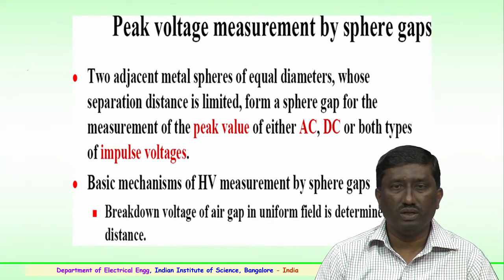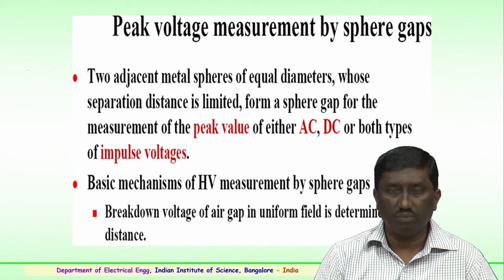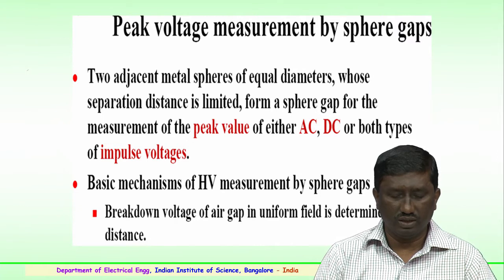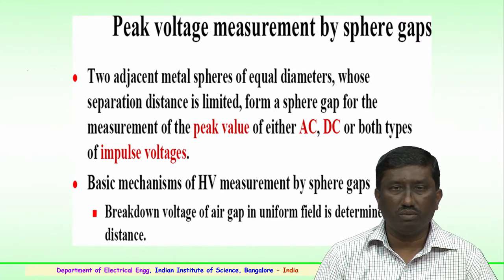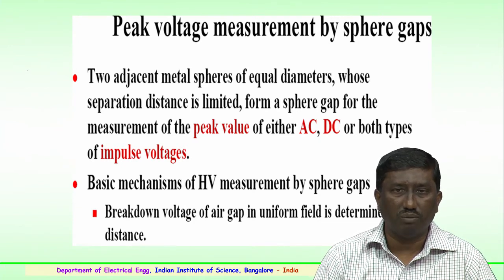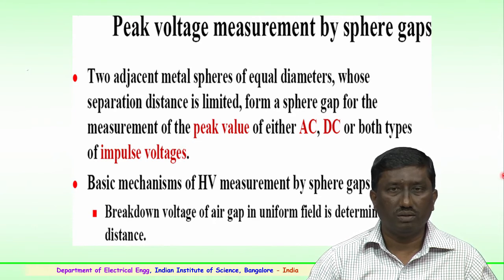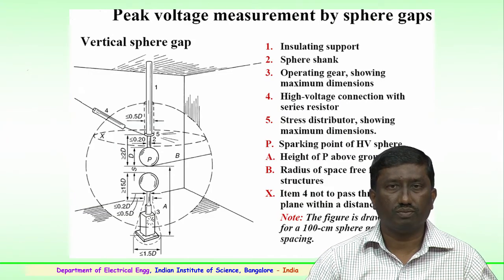The spheres are of uniform dimensions, so a uniform field is obtained. The breakdown voltage of the air gap in a uniform field is determined by the gap distance, so the diameter of the sphere and the gap distance play a role in the breakdown voltage.